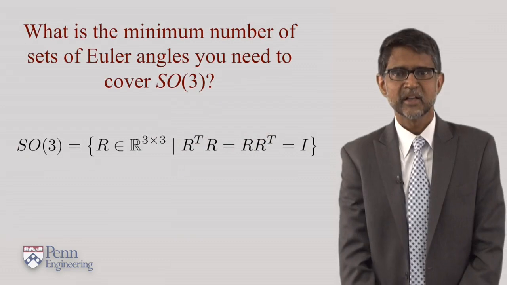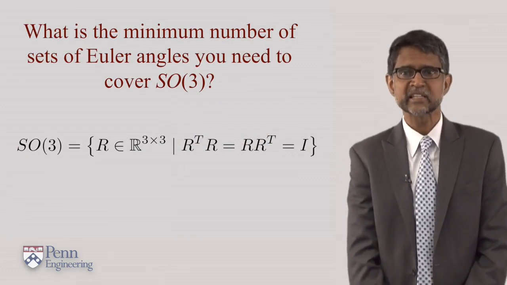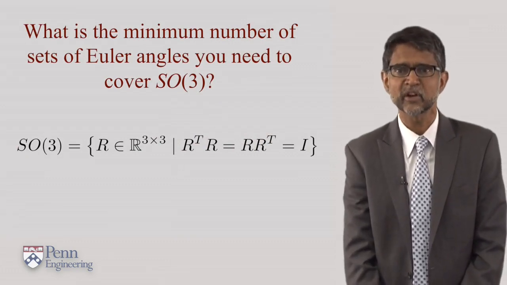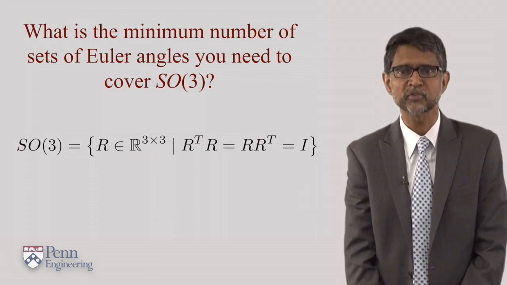What you really want is a second set of Euler angles to take care of the points at which you have infinite solutions. So this suggests that you might have many sets of Euler angles that you might want to consider so that you don't have a point at which you have infinite solutions. So the question that's worth asking is, what is the minimum number of sets of Euler angles you need to cover all of the rotation groups?